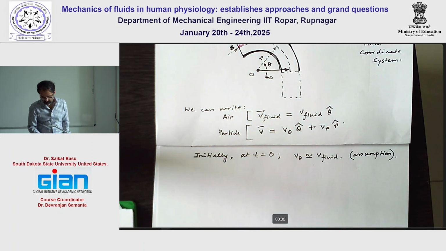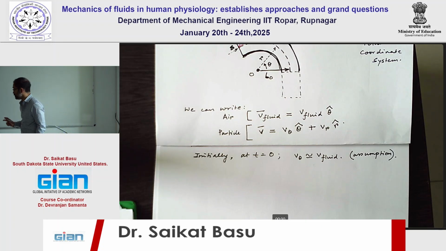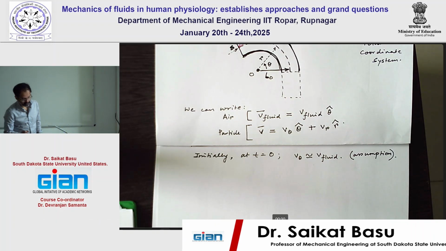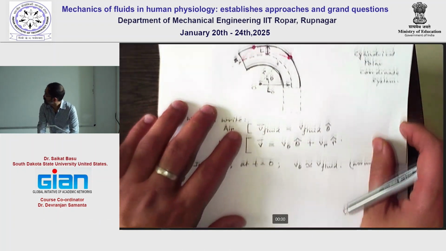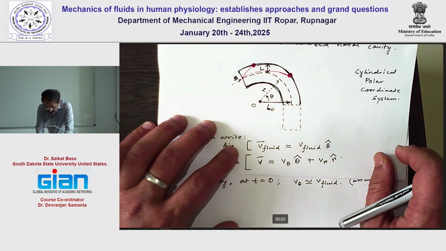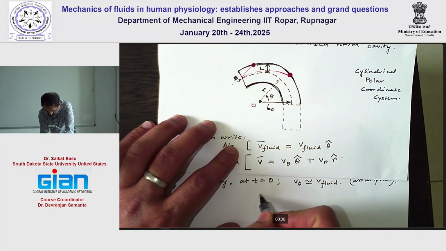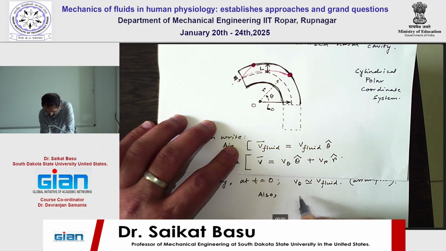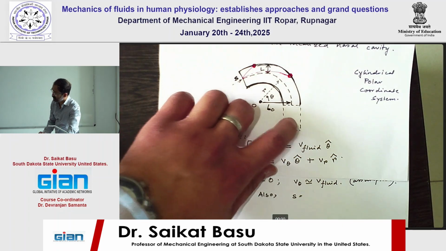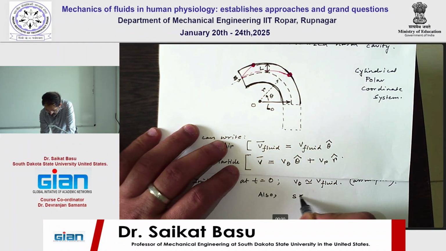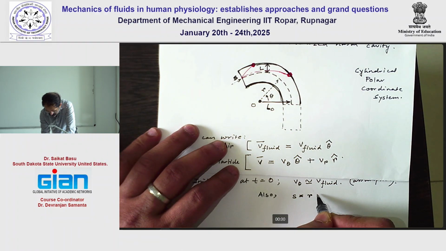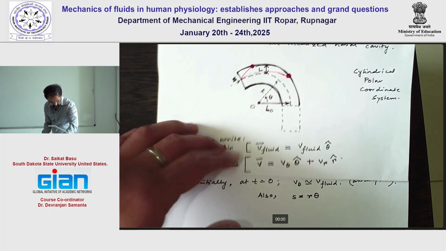The other thing that could help us is related to the geometry. For example, if I look at this particular diagram, we can also write the S, which is an evolving parameter over here, is R times theta. Do you agree?